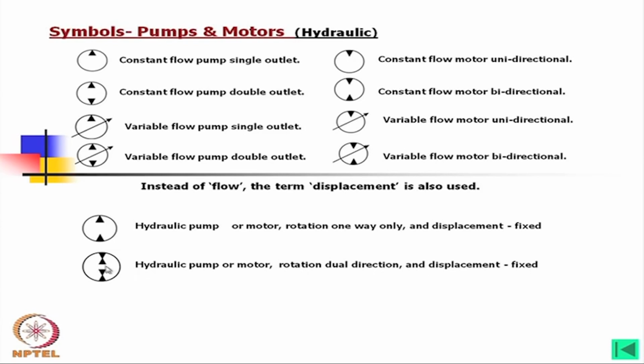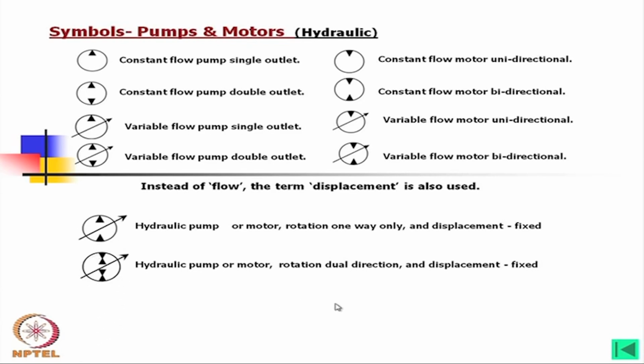What does it mean? In the previous case, only one direction of rotation is possible, say it is clockwise. In this case, we can use it at clockwise as well as anti-clockwise, and for that rotation again it is either pump or motor, depending on whether we are supplying the flow or taking out the flow.